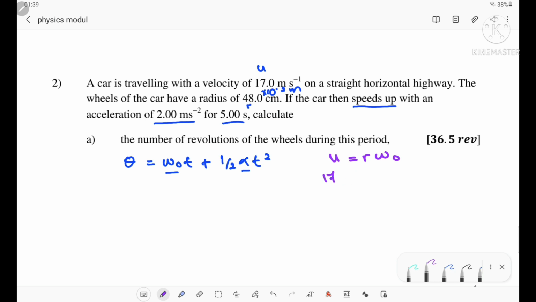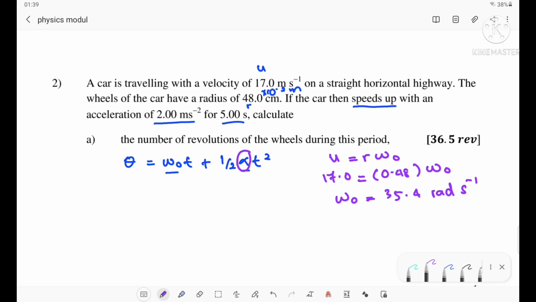We substitute the value for u. We have 17 equal to r, we have 48 centimeters. Don't forget the SI unit in meters, so 0.48, times omega naught, and then we can calculate omega naught. We get 35.4 radian per second. And then for alpha, or angular acceleration, we also need to calculate from the relation.